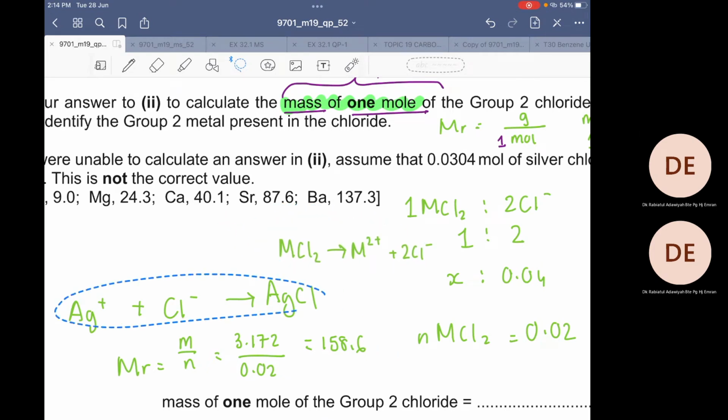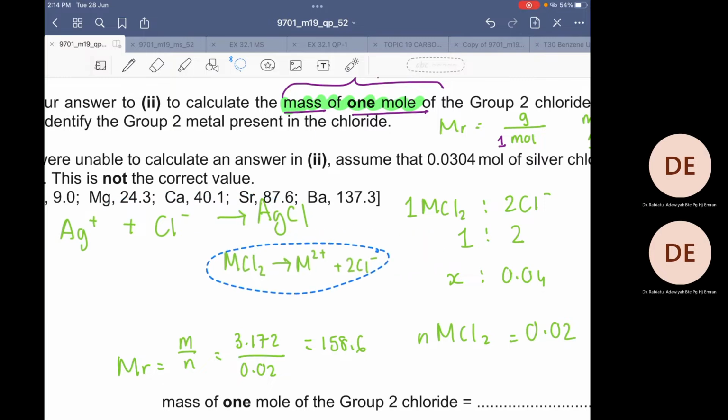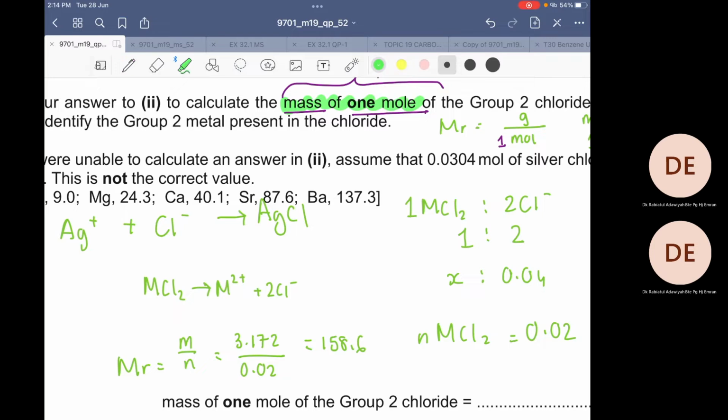Okay. Once I am happy with that information, this chloride is also the same for that 2Cl minus.